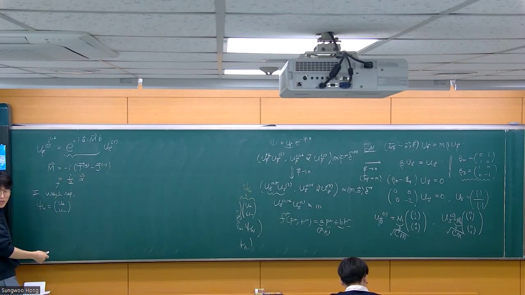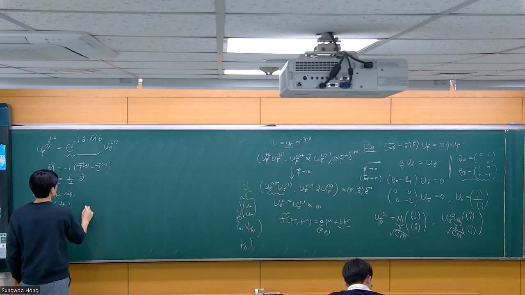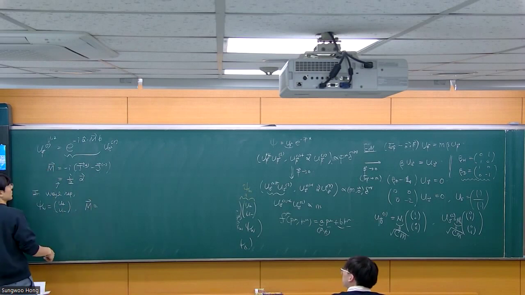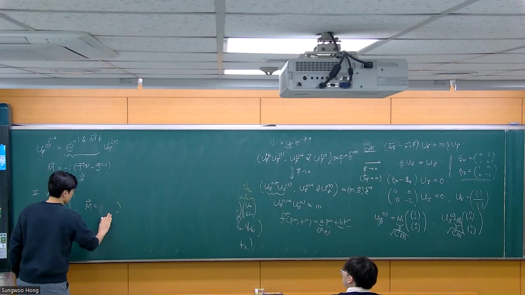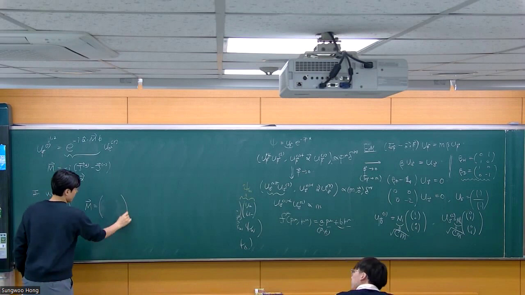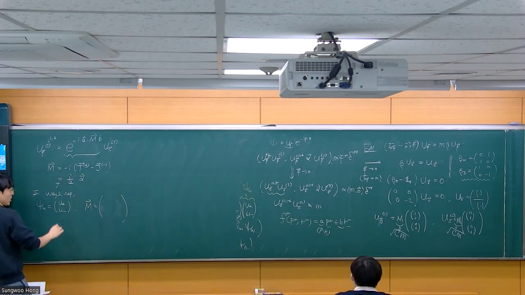And that's exactly the label. So that means that the boost generator in this representation is nothing but this. So let me write it slightly bigger. This is going to act on this component object.